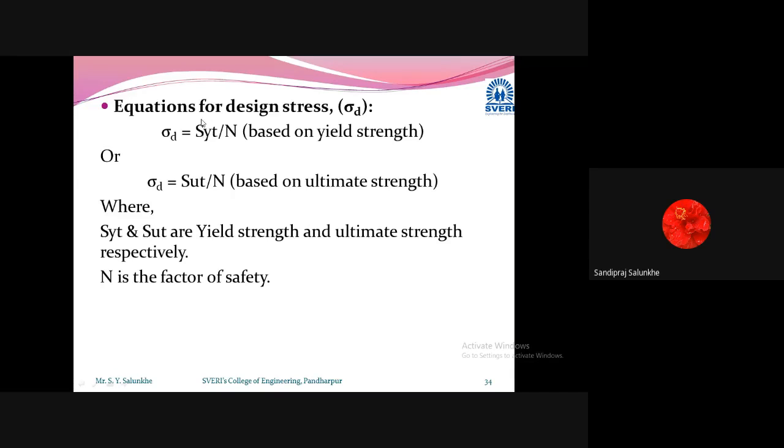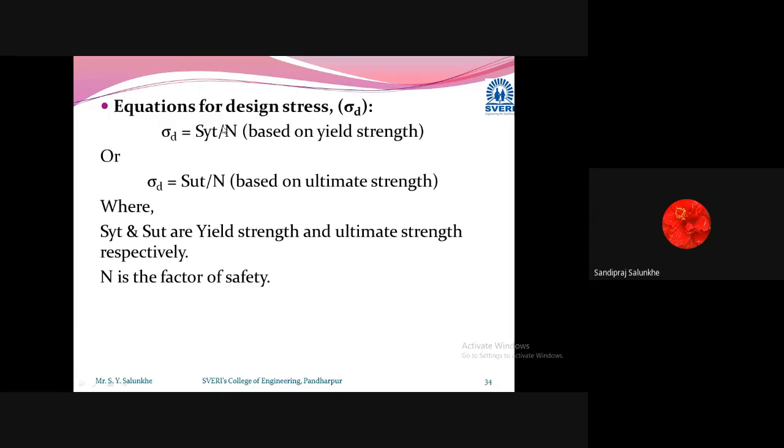So we will choose SYT, that is the yield strength of the material, if that material is a ductile material. And in case of a brittle material, we are going to choose SUT, ultimate tensile strength.